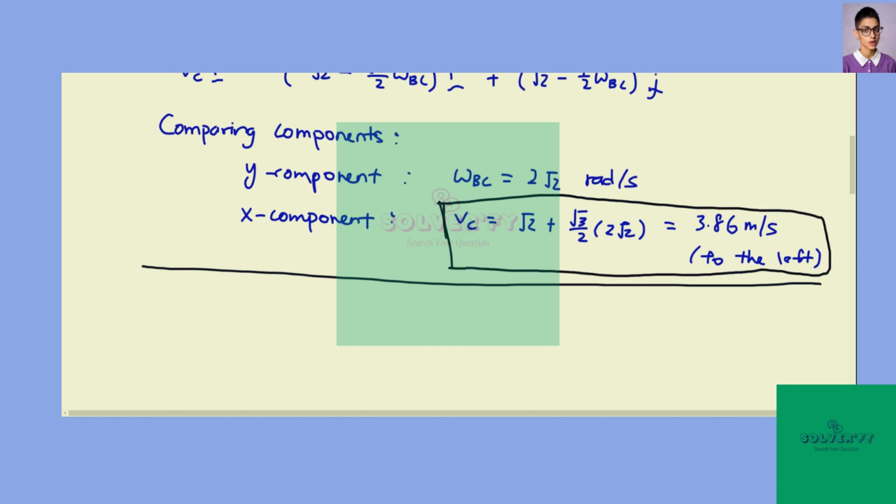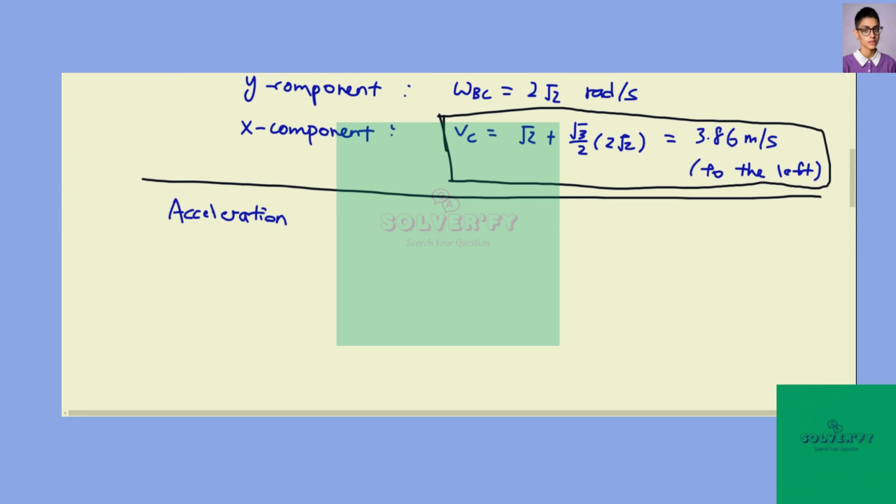Now we continue to the acceleration part. We are given alpha AB is 6k. So AB is equal to alpha AB cross RAB minus omega AB squared RAB.